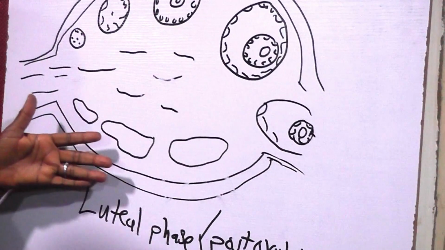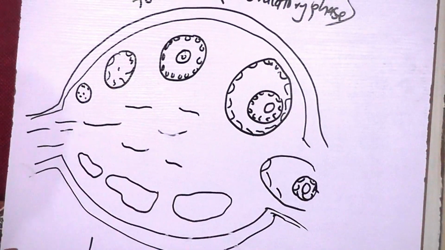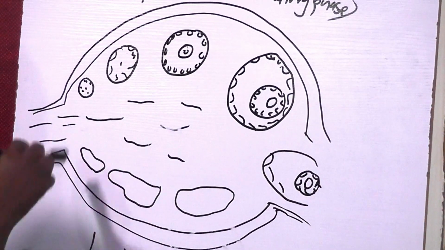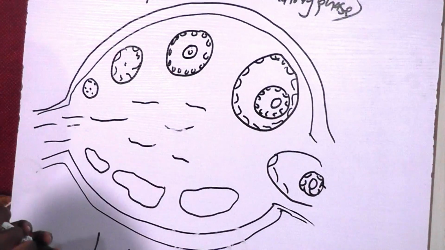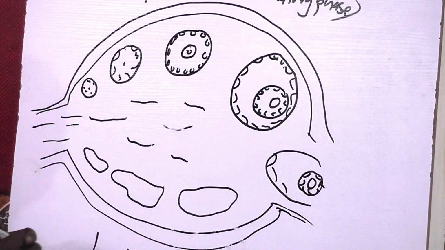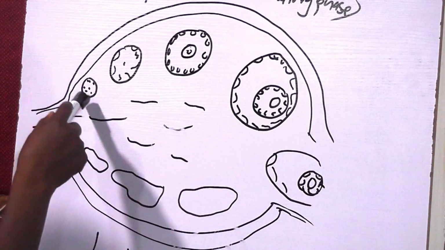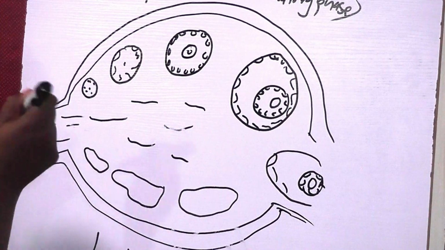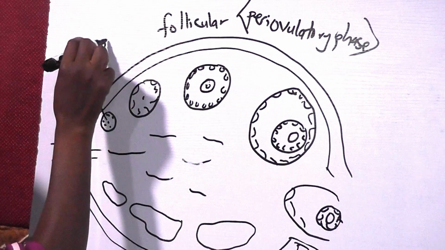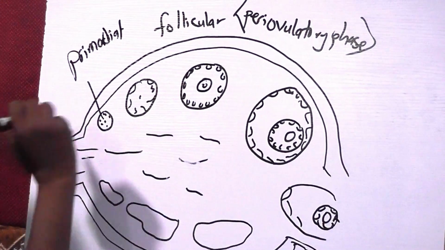During fetal development, the ovary contains follicles that are not matured. They are known as the oogonia. As the fetus continues to grow, these oogonia develop into primordial follicles.